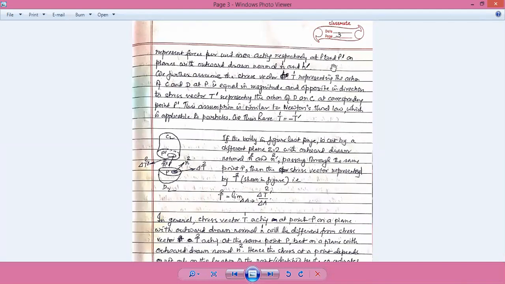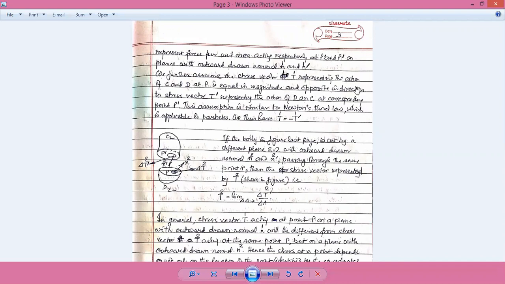We have two planes here: one is P, on D, and one is P dash, on C. Each plane can be defined by the normal acting over it. So here we have the normals N and N dash, respectively, for the areas at P and P dash.